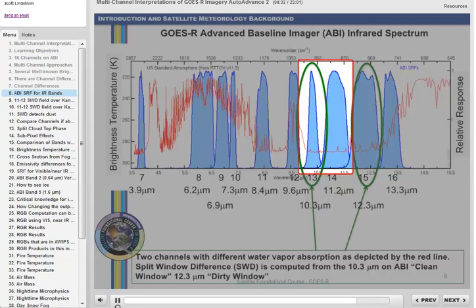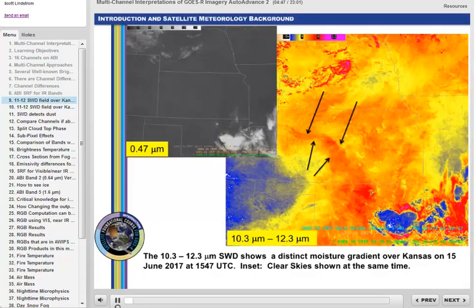If you want to highlight water vapor differences between channels with a split window difference that includes a 12.3 micrometer channel, maybe 10.3 micrometer is the channel to use, but 11.2 micrometers will give similar results. The split window difference is very sensitive to changes in skin temperature, so be careful in interpreting it, especially with regard to temporal changes.